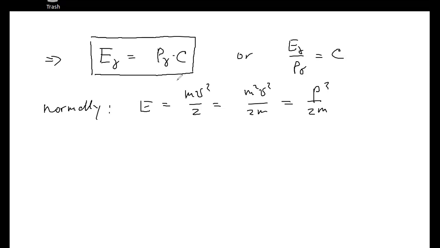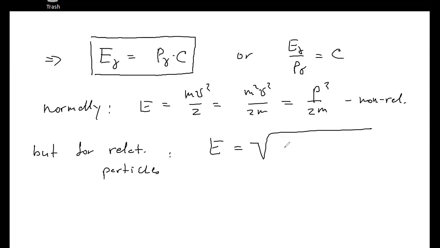To get a complete answer to this, we should look at the particle as a relativistic particle. So this was for non-relativistic. For relativistic particles, the energy equals the square root of p squared c squared plus m squared c to the power 4. This is one of the famous Einstein equations where you can relate energy to momentum.